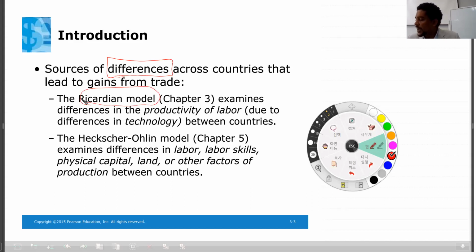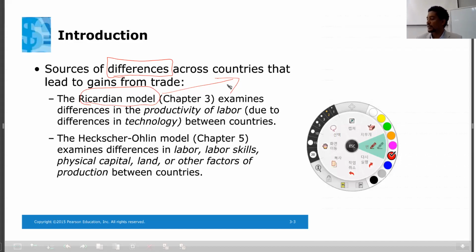The Ricardian model examines differences in the productivity of labor due to differences in technology between countries. The Ricardian model tries to tell us that international trade is mainly because of differences in the productivity of labor.